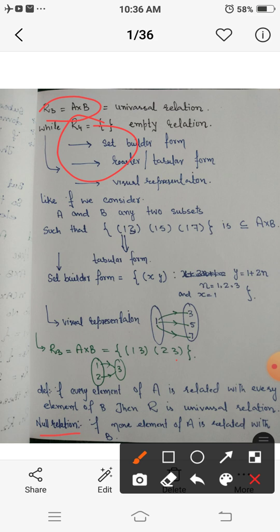How a null relation exists, we will see when we discuss the corresponding exercise of this topic, relation. I will show you how a null relation exists, like when I showed you how a null set exists. Similarly, we can show how a null relation exists between two sets.